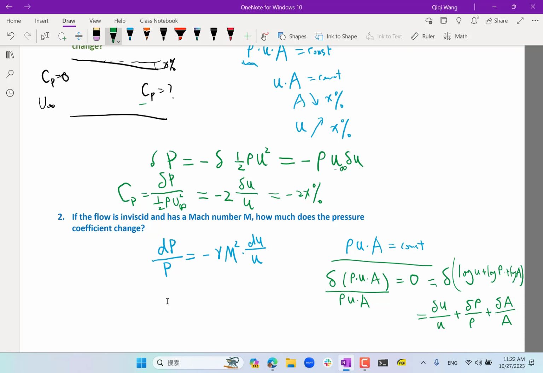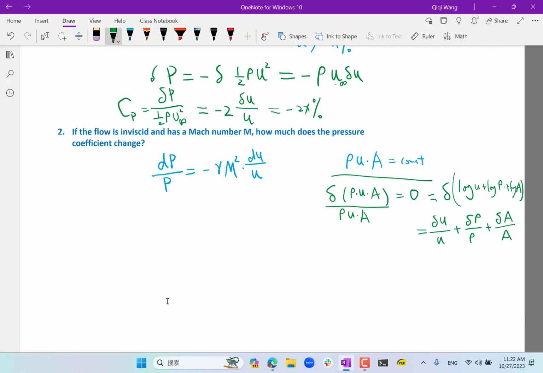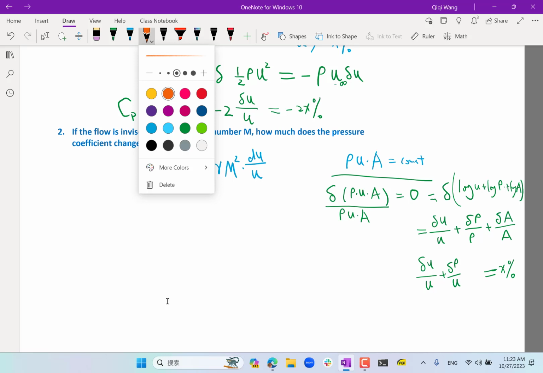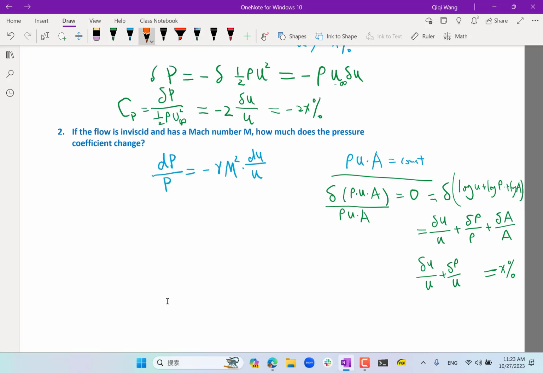Right? A small change in the area, which is a reduction of minus x%, means that delta u over u plus delta rho over rho has to cancel this minus x%, which means they have to add up to exactly x%. Plus, we previously derived not only the pressure equation, but also an equation that tells us how the density changes as velocity changes.